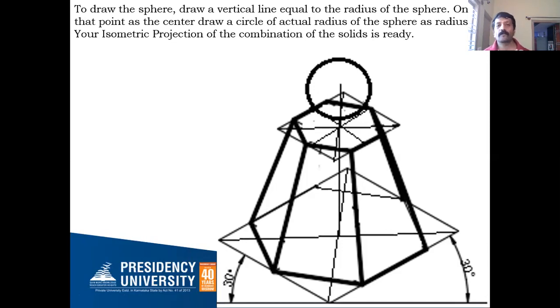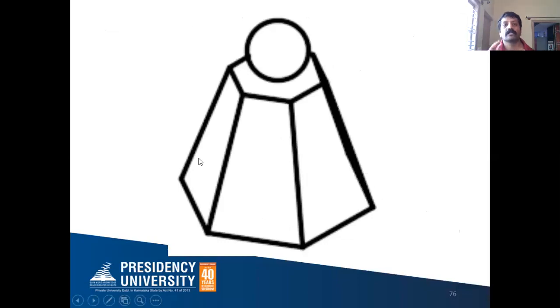At the end, if you remove all the construction lines and hidden edges, and retain only the visible edges, it is going to look like this. So this is how you have to complete the isometric portion of this combination of solids.